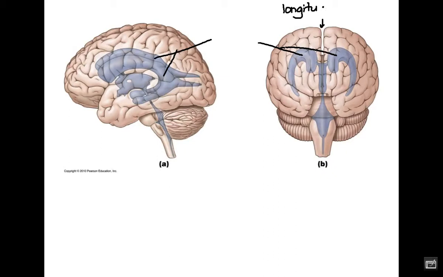This is what actually divides the brain into left and right hemispheres. So left side of the brain versus right side of the brain. These two ventricles are referred to as the lateral ventricles.